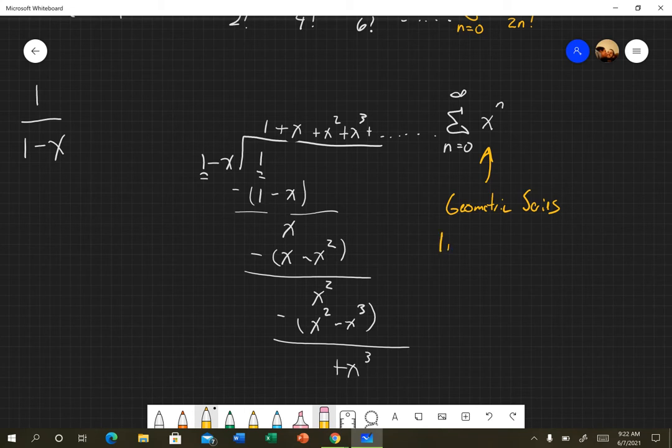My ratio is x, so it's the absolute value of x. As long as I keep that under 1, it's going to converge. So if the absolute value of x minus 0 is less than 1, it's going to converge.